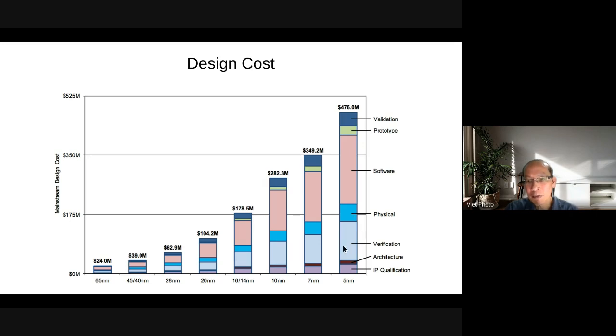Then you have the verification. The reason the cost of verification is high is because it's very tedious. The engineers need to understand the circuit and explore all the combinations, or optimize the coverage. Let's say for the design there are a billion patterns.